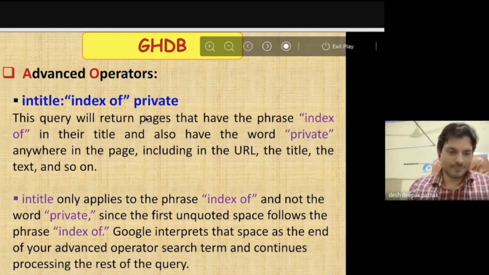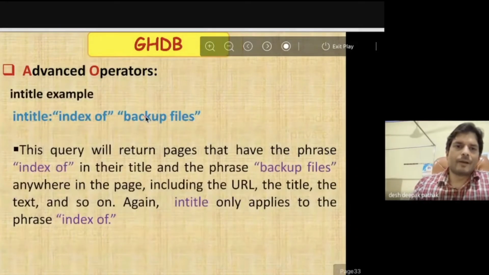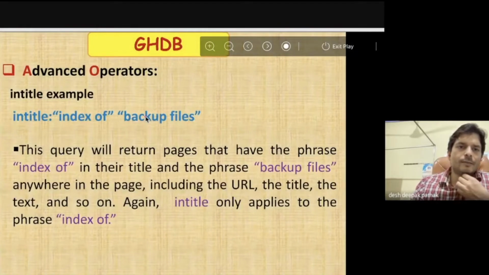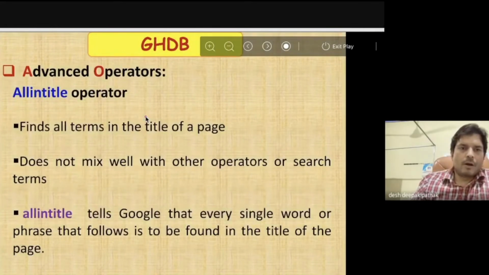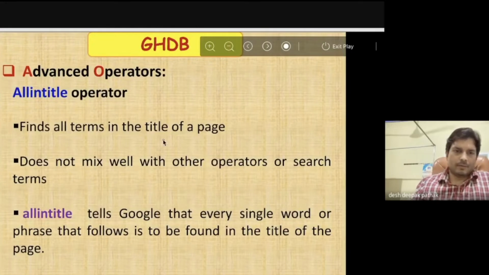Private. Now the next, I have already discussed index of backups. Now the next operator is all in title. The all in title operator forces Google to include all the search terms. It will not skip the search terms after the space.